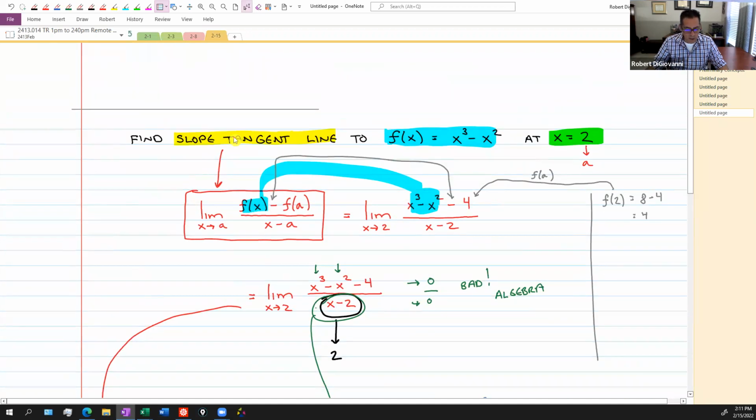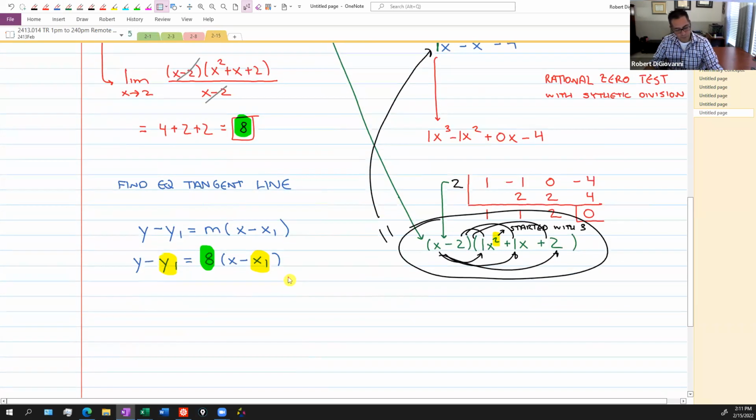So go back up here. We wanted to know what was happening at x equals 2, yes? Can you all tell me what the point is that corresponds to this? If the x value is 2, what is the y coordinate there? Ash, you're saying 4, right? That's what we get when we plug 2 into the original function. So we know that (2, 4) is the point that we're talking about. So I can use that point down here.